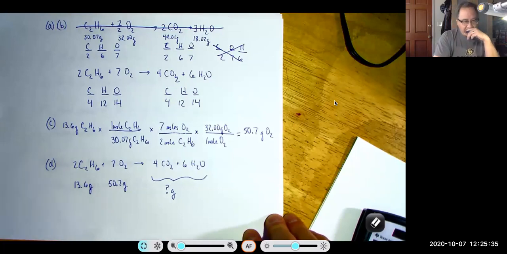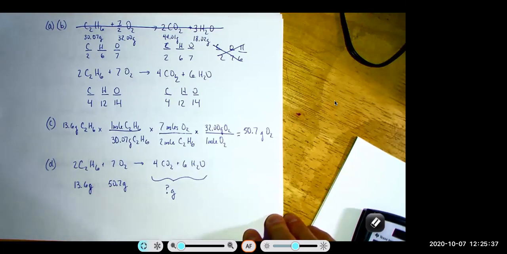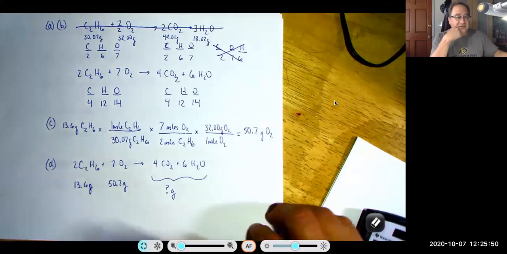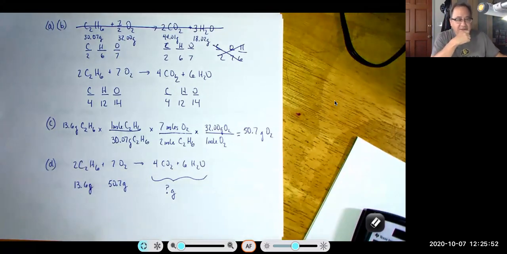What do you think? Well, if you wanted to do a lot of work, you can always find the mass of the CO2 and the H2O and then add them together. Yeah, you could add the mass of the CO2 and H2O together. What does the law of conservation of matter say?